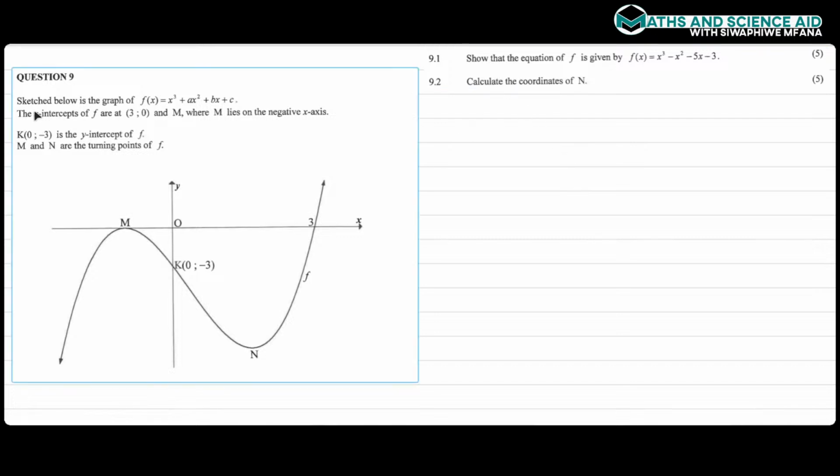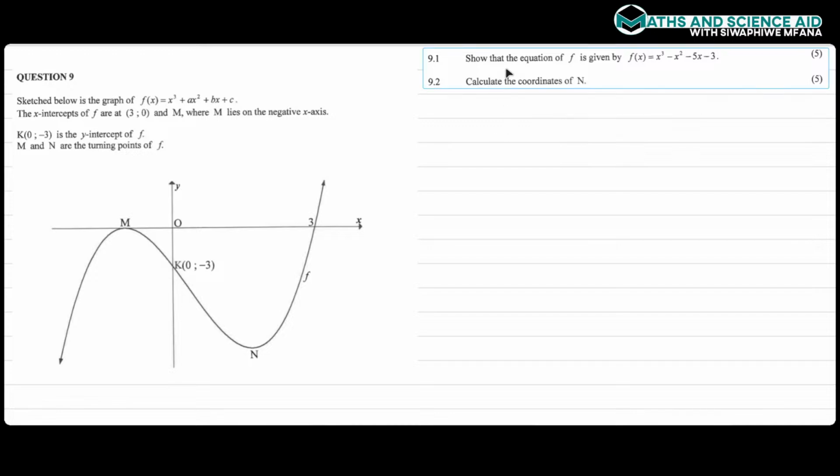Here sketched below is the graph of f of x equals x cubed plus ax squared plus bx plus c. You'll notice that they like giving you an equation of a cubic polynomial that is incomplete. And as expected, the first question here is asking us to show that this is the complete equation of f.